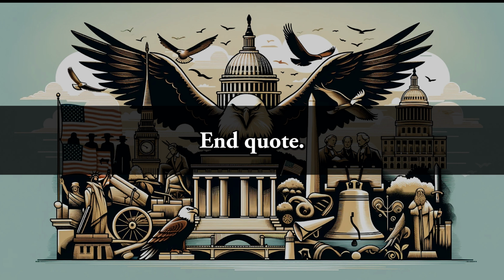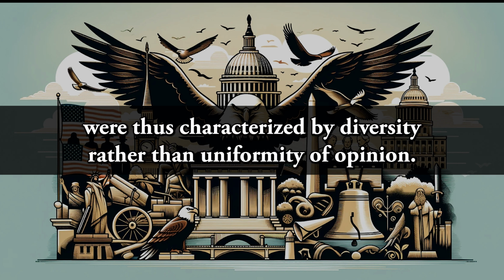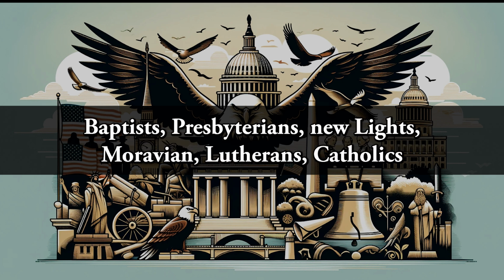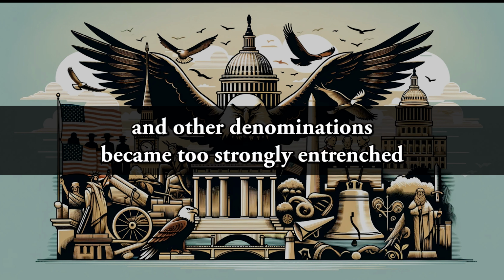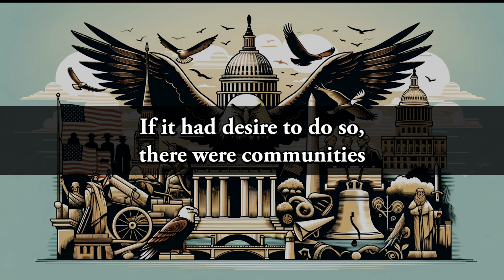End quote. By one circumstance or another, the middle colonies were thus early characterized by diversity rather than uniformity of opinion. Dutch Protestants, Huguenots, Quakers, Baptists, Presbyterians, New Lights, Moravians, Lutherans, Catholics, and other denominations became too strongly entrenched and too widely scattered to permit any one of them to rule, if it had desired to do so.